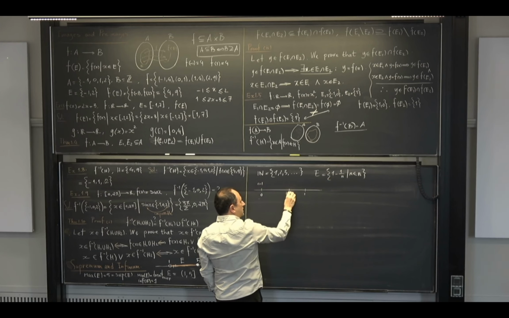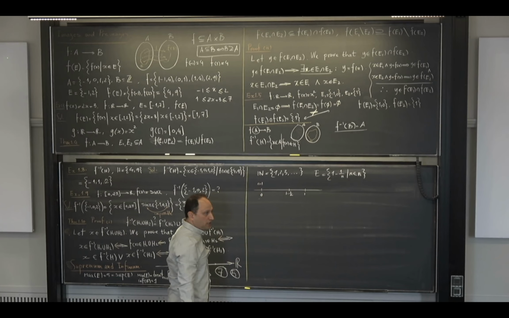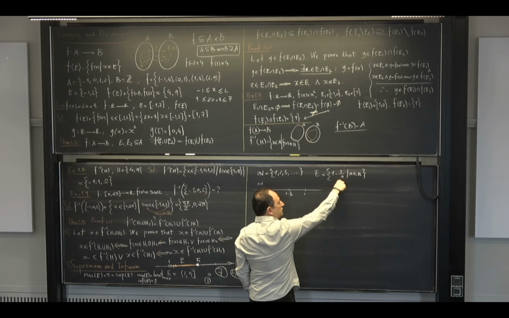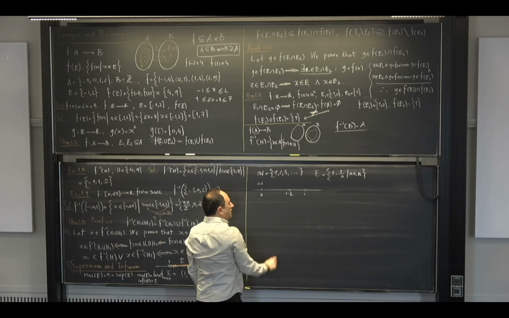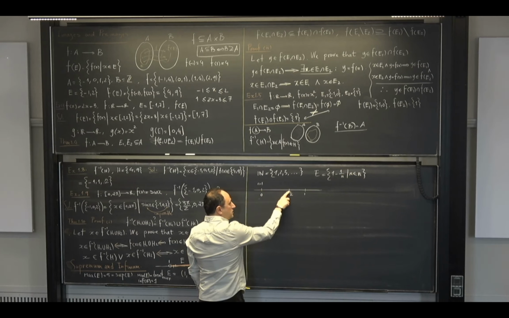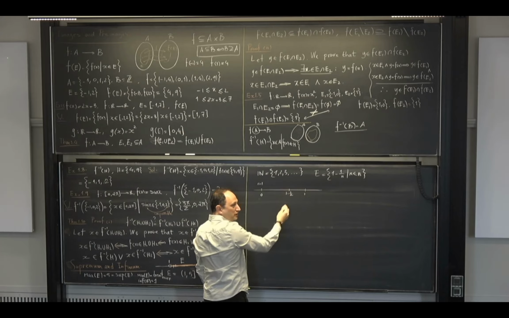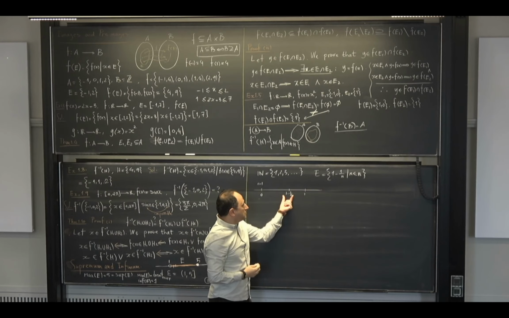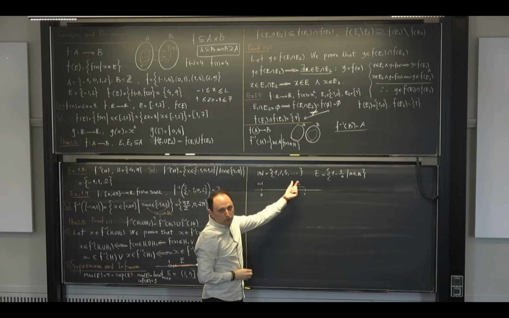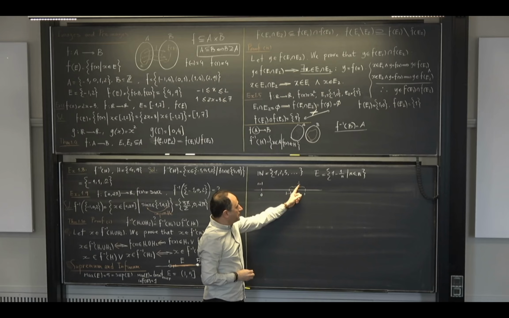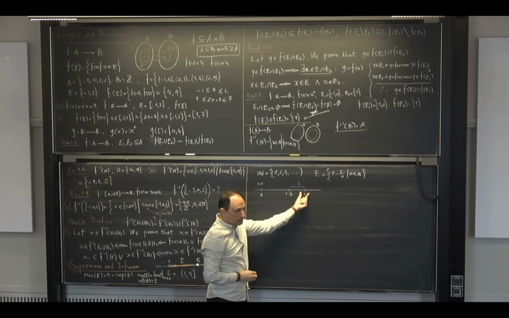Then you start increasing n, 3 and 4, and write the elements of your set. When you increase n, this starts moving towards 1 because 1 over n becomes smaller. This difference is 1 over n, so when you increase n, this distance becomes smaller. So this point starts moving towards 1. Okay? But it will not go beyond 1.